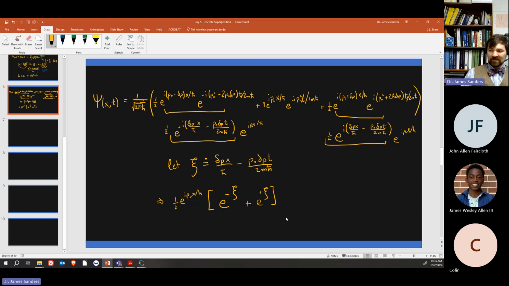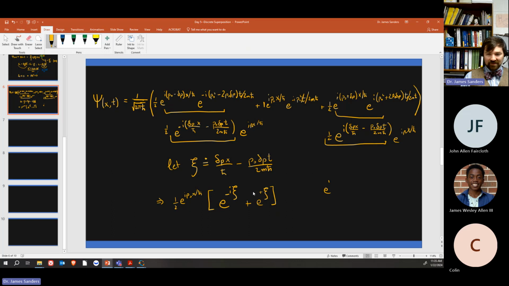All right. And so now we say, do we remember what the identity is that goes with this? I hope you do know what this is, because this looks like a cosine. Well, it looks like 2 of a cosine.